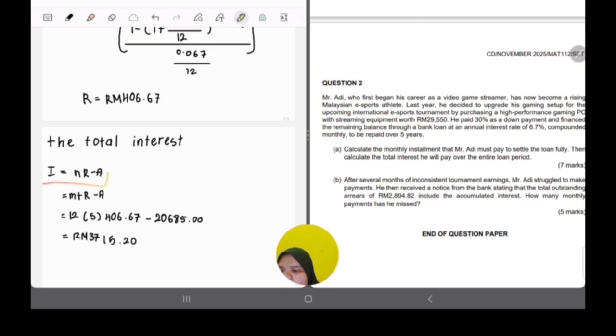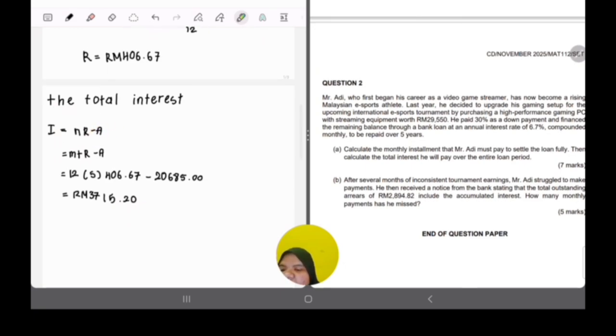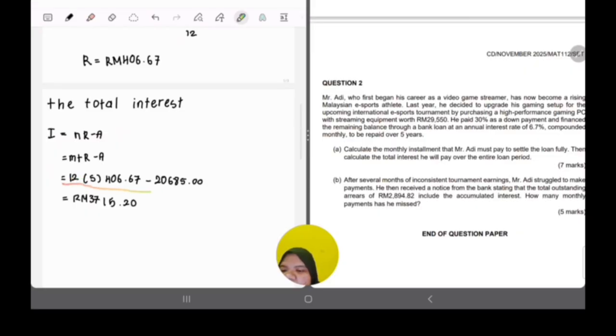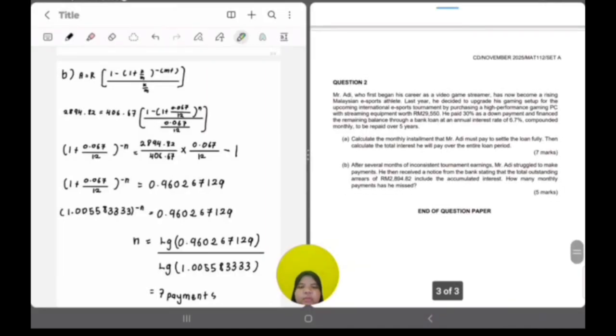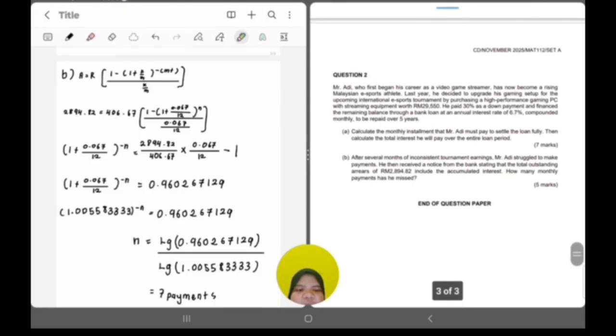We will get that if we use this formula, which is I equals NR minus A. After substituting all the information from the questions into this formula, we will get the final answer of 3,715.20 cents.